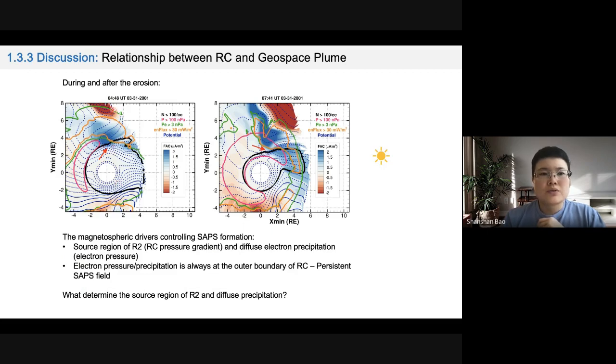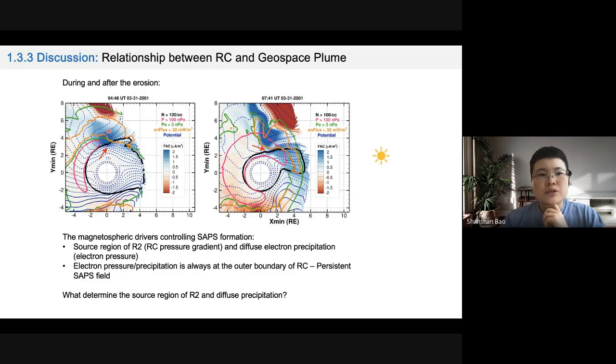The green contour encloses the larger electron pressure, and the orange contour is the electron precipitation energy flux. You can see that the source region of the electron precipitation is embedded in this large electron pressure area.